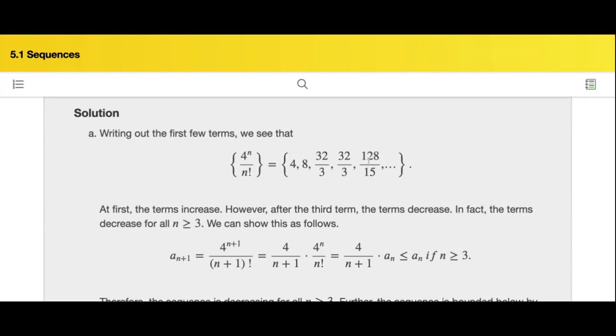So except for the first 3 terms, it becomes decreasing. At first the terms increase, however, after that the terms decrease. So this is a monotone sequence. In fact, the terms decrease for all n greater than or equal to 3. So ignore the first 3 terms, and it becomes a decreasing sequence.